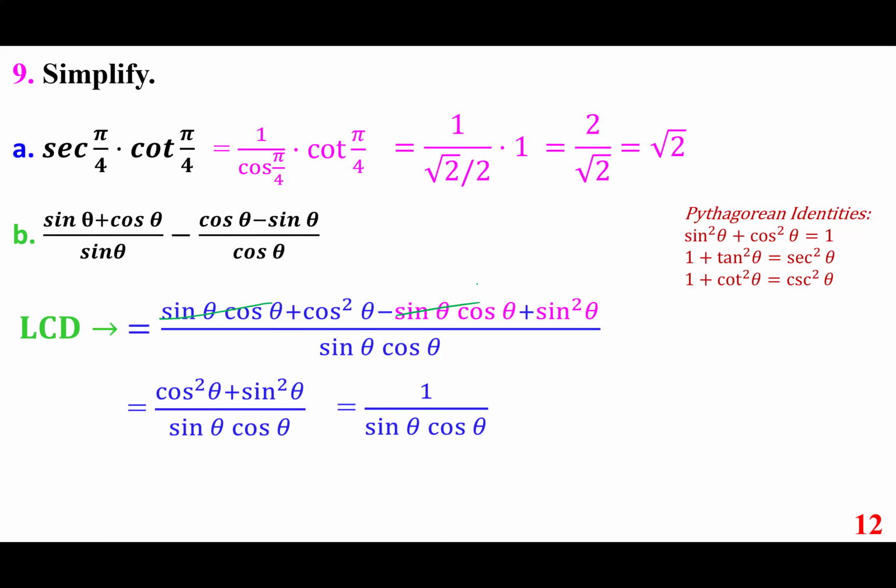You can make up two fractions, 1 over sine theta times 1 over cosine theta. 1 over sine theta is cosecant theta, and 1 over cosine theta is secant theta. So we are using identities to simplify. They are very simple, everybody.